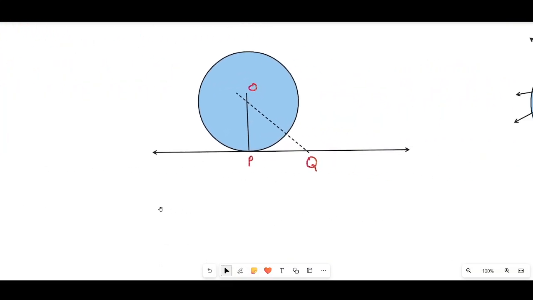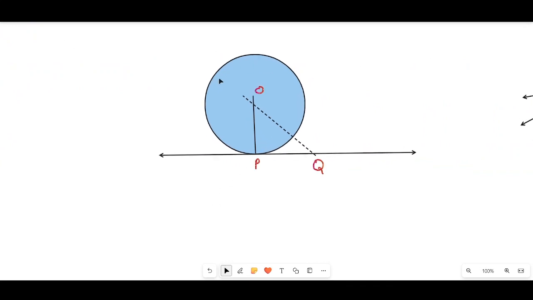This is a circle and here is the point of contact, this is a tangent line, and we extended the radius OQ, and Q is the point on the tangent. Now, the theorem says that the tangent at any point of a circle is perpendicular to the radius through the point of contact.